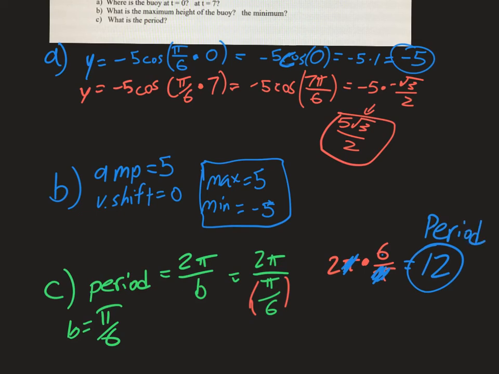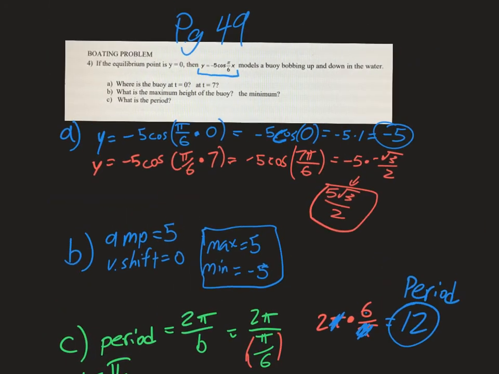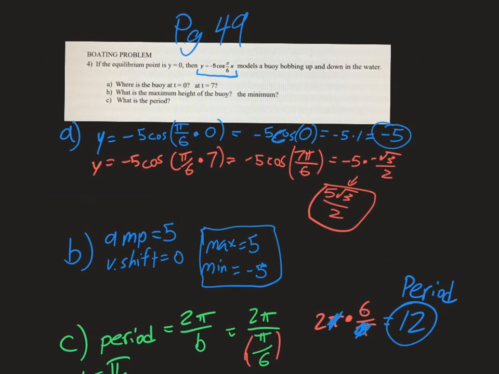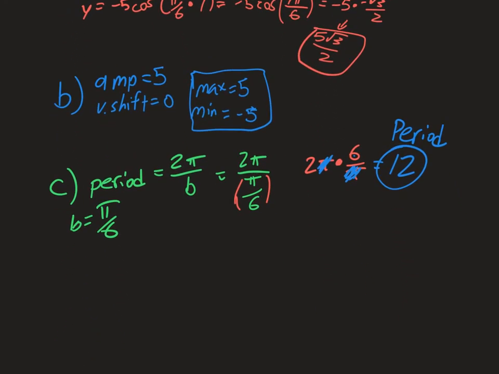So guys, I went through this one super quick because it's pretty straightforward. Part A was just plugging in the t values in place of x, and I even got numbers that were on the unit circle, so I could solve it using that. On part B, I just used the amplitude and said I'm going up 5 and down 5 to find the minimum and maximum values.